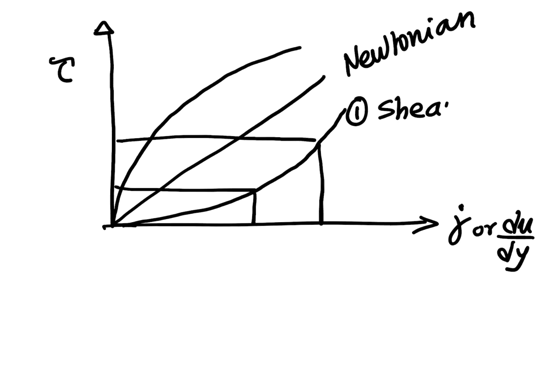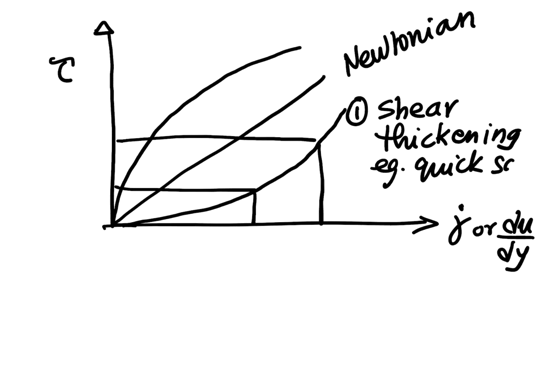Okay, this will be an example of a shear thickening fluid. That is, it thickens as you shear it. Shear thickening fluid. Example, quicksand. Something that the more you deform it, it gets harder to deform. Shear thickening means the more you deform it, the harder it gets to deform. It becomes harder to deform.